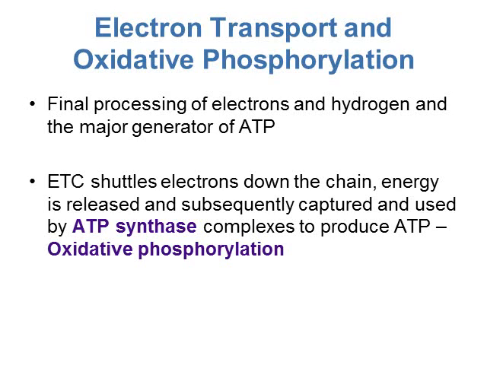This process starts with the electron transport chain, or ETC. Your electron transport chain is going to shuttle electrons down a chain of molecules in a membrane, and that causes energy to be released and subsequently captured and used by an enzyme called ATP synthase. ATP synthase is an enzyme complex that's used to produce ATP. You can kind of see by the name of the enzyme, synthase means to create, so it's creating ATP. And that process is called oxidative phosphorylation.